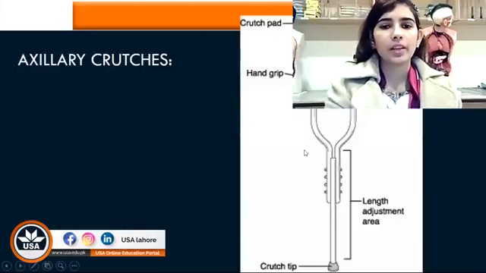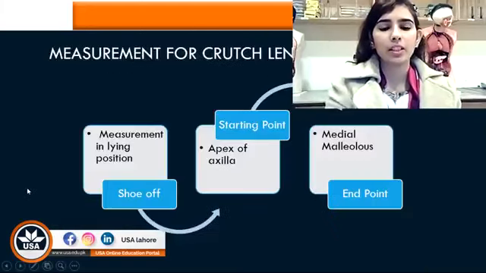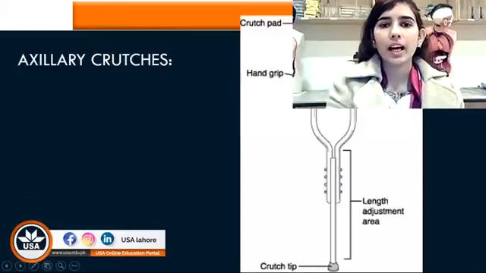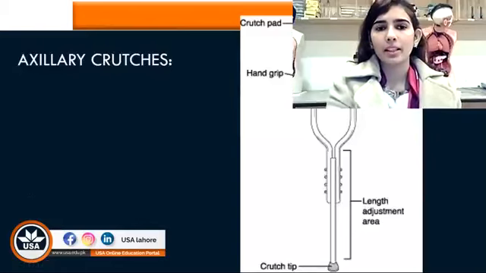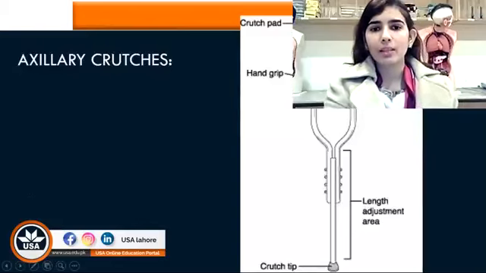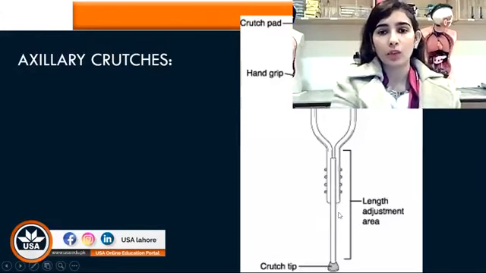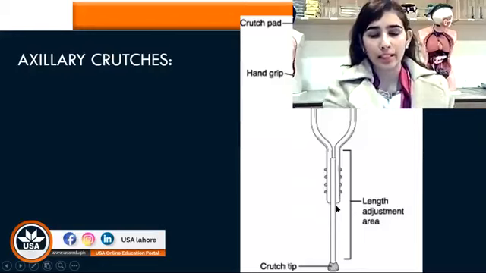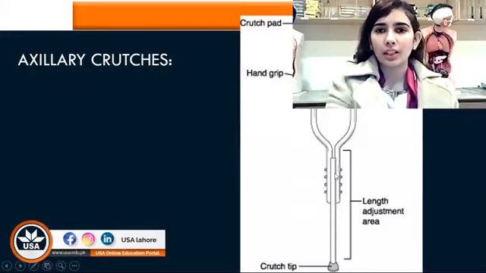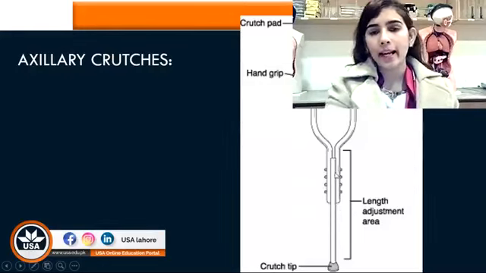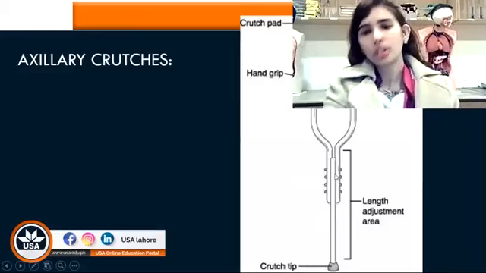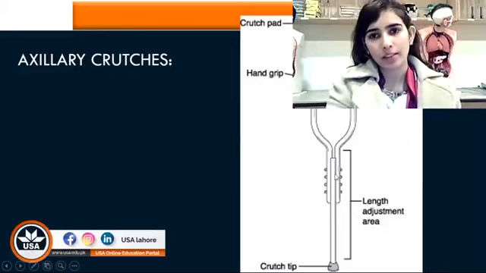Here is one of the pictures of an auxiliary crutch. Here is the auxiliary pad or the crutch pad. Then comes the hand grip. Then come the adjustable holes for adjusting the length of the crutch according to the height and the shape of the patient or the deformity the patient is facing.